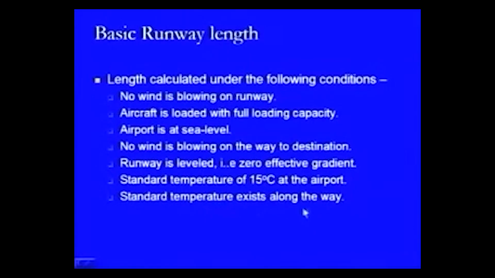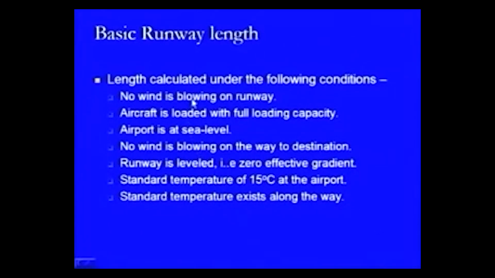So, that is why when we are assuming that the airport is at sea level, then the standard temperature is being taken with respect to that, and it is 15 degrees centigrade, and standard temperature exists along the way, that is along the pathway also. This is another assumption.